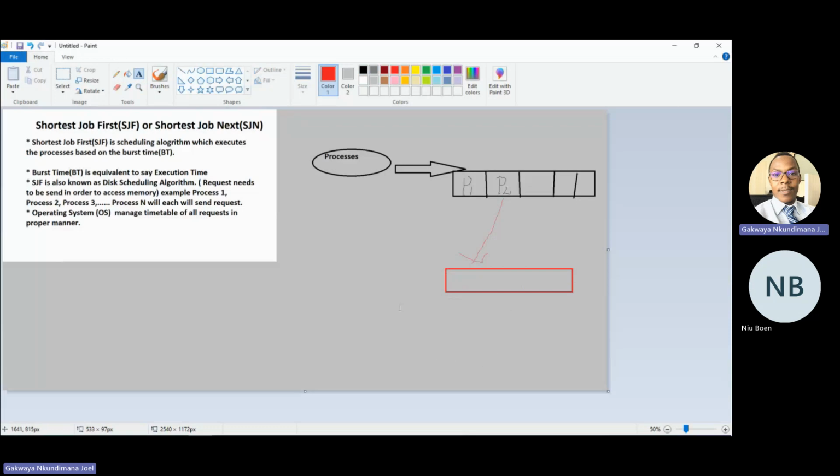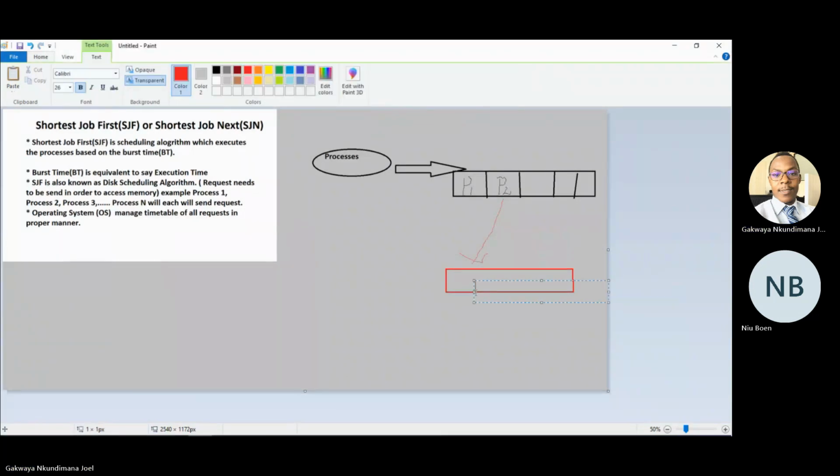So it moves from the ready queue to the running state. And this process, which you see here from the running state, allow me to change this one.